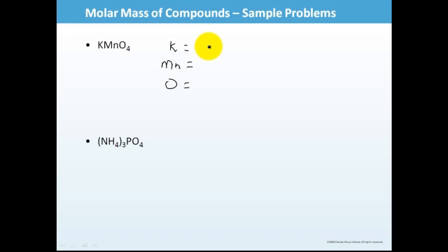Potassium, when we go to our table, is 39.098. When we look at the formula KMnO4, we only have one potassium there, so that one will just stay 39.098.